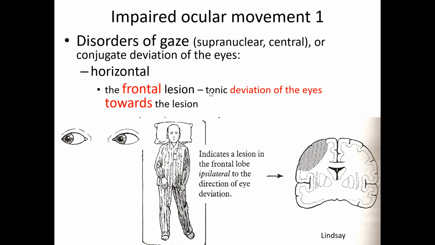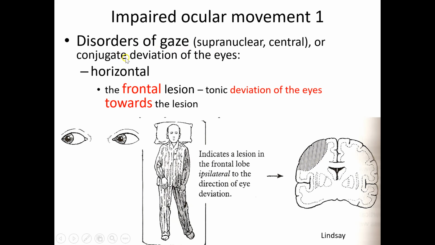Gaze disorders are not purely cranial nerve disorders. These are supranuclear or central disorders, and they may be horizontal. What is the difference between disorders of gaze produced by supranuclear central structures and those produced by cranial nerves like third, fourth, and sixth?